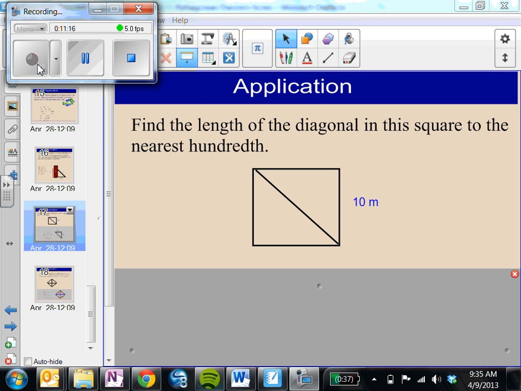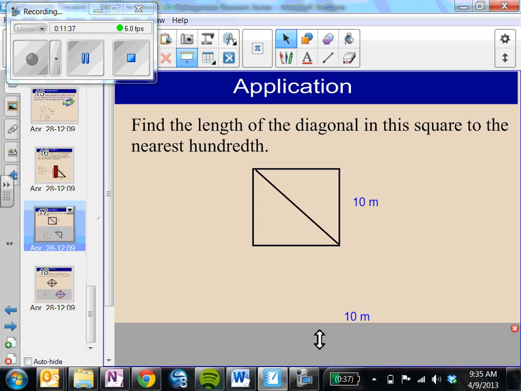Find the length of the diagonal in this square to the nearest hundredth. Now we know a diagonal connects opposite vertices in a polygon. That's one of our definitions. Well, in this particular polygon, it's a square. It tells us it's a square, so all the lengths of all the sides are the same.